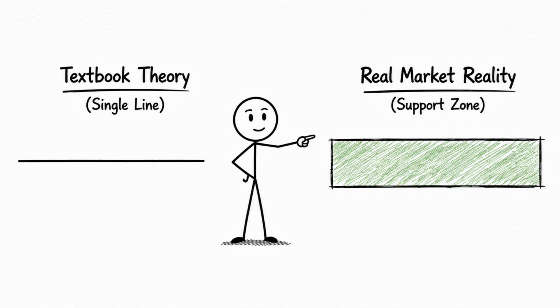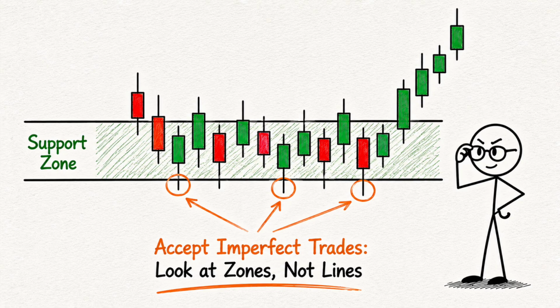13. Imperfect trades and zones. In books and theory, candlestick patterns look absolutely perfect, but on real live charts, you will almost never find a textbook pattern. In the real market, support or resistance is never a thin, perfect single line. It is an entire zone. Many times, wicks will poke out of your lines, or the candle color won't be exactly what you expected.